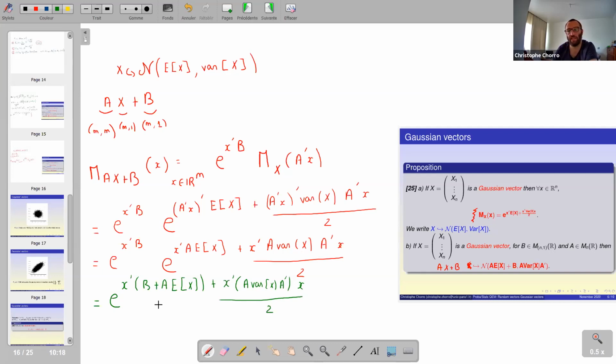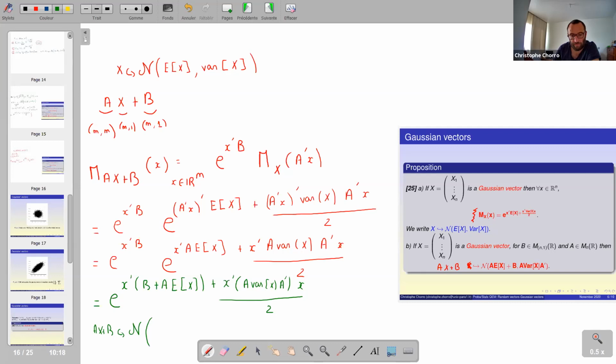I can deduce that in fact my moment generating function has exactly the same form as the one I have previously computed here, and that AX plus B is a Gaussian vector.